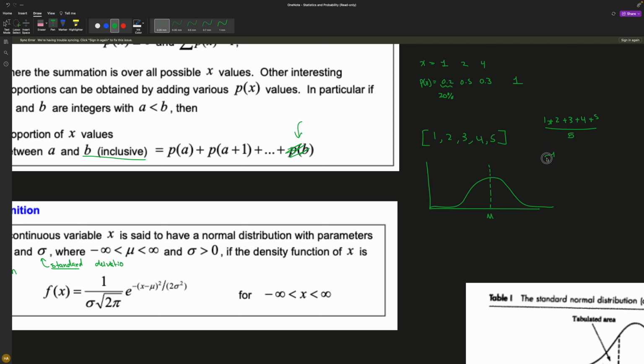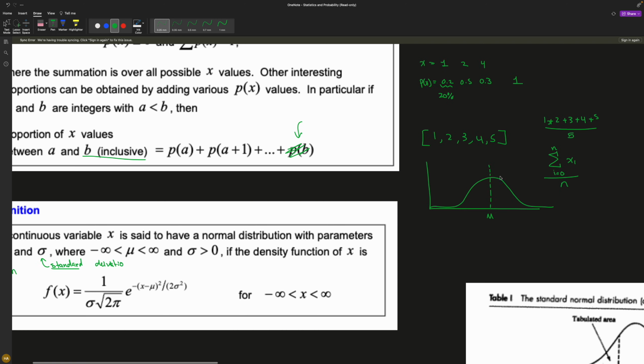Now, if we want to go fancy, I don't want to scare you guys, but this would be the sum from i at 0 to n of x at i. So basically we're saying the sum of x divided by n, which is how many x's there are. That is the syntax for it if you want to look fancy, but the mean is just you add all your values up and divide by the number of values you have.